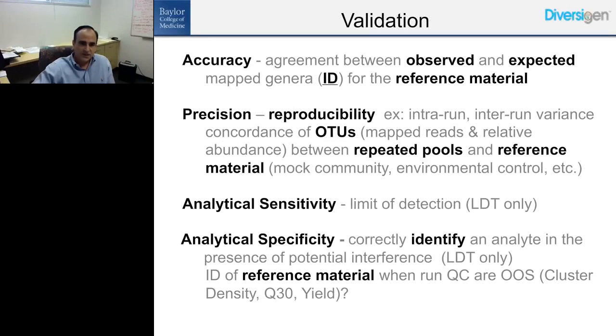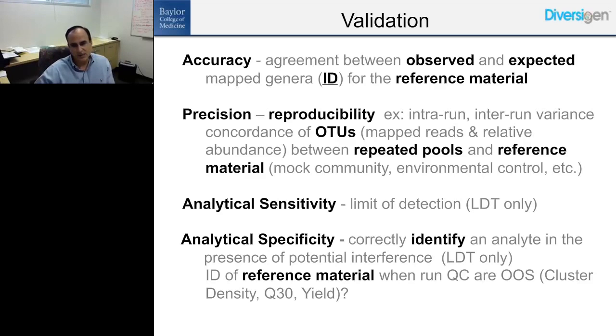The measurements that you would take in a CAP accreditation would be, first, accuracy, which is simply the agreement between the observed and your expected. So you put a characterized reference material into your pipeline. Do I get the answer back that I would expect? The second measurement you would want to take is precision, or reproducibility. We look at that several different ways.